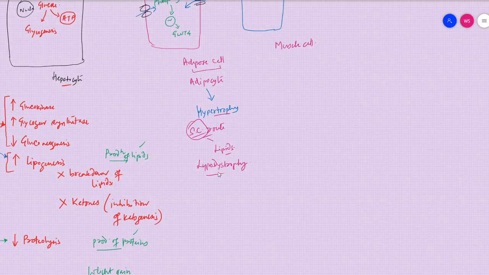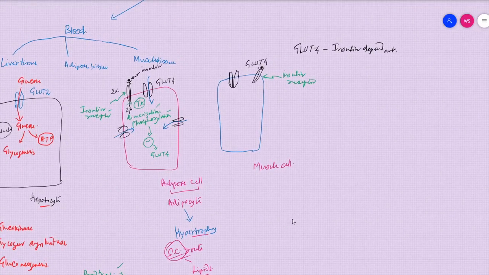Okay. And if there is lipodystrophy, it changes the appearance of the body. Okay. So that is why you should not give insulin to the same place all the time. You need to rotate the location of administration. Okay, why are you doing that? To prevent lipodystrophy. Okay, all right, so that's the most important thing that happens with adipose tissue.